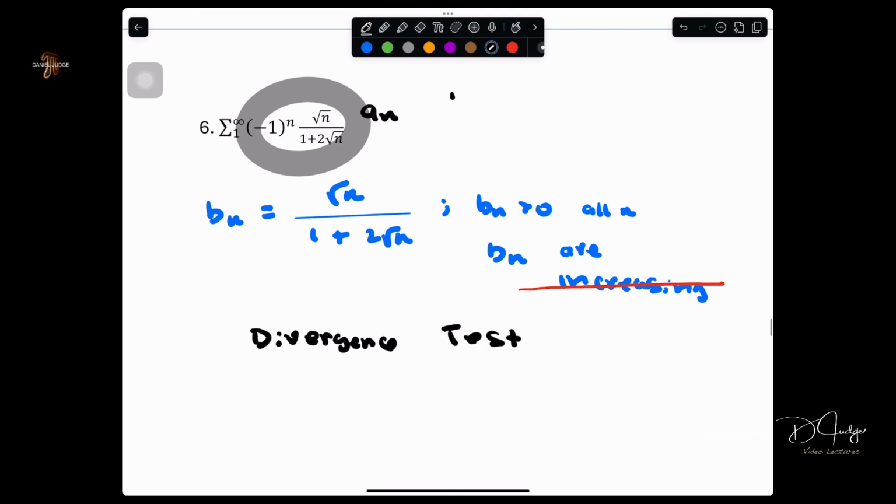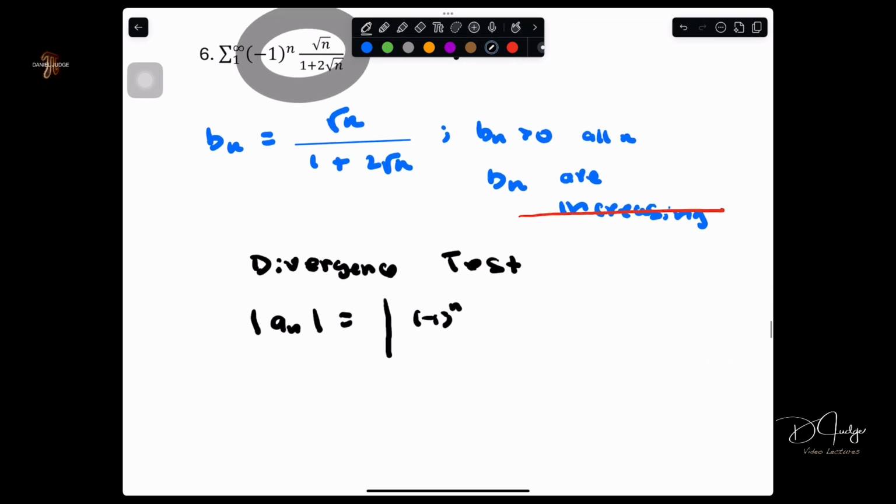And we need to consider the absolute value of An. So the absolute value of An is the absolute value of negative 1 to the n times the square root of n over 1 plus 2 square root of n.